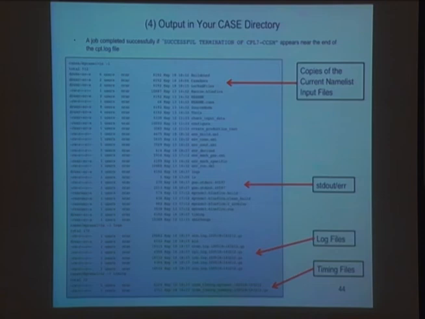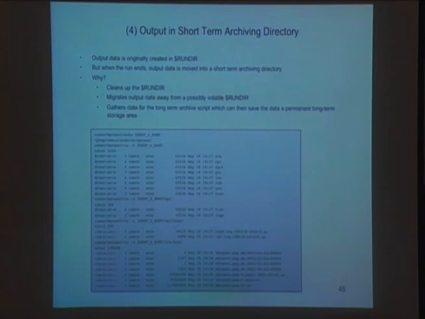Okay, so this is the kind of stuff that'll show up back in your case directory. And then generally the larger files. What really happens is in that run directory, larger history files and restart files are made, and they're there. But what the scripts do is they take them out of your run directory and put them into another directory we call a short-term archive directory.